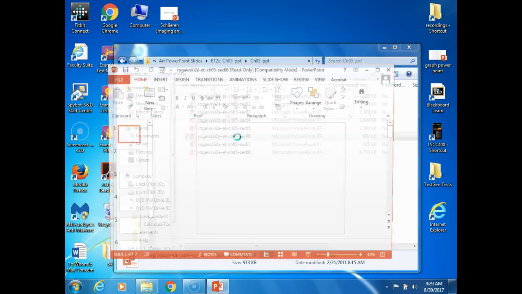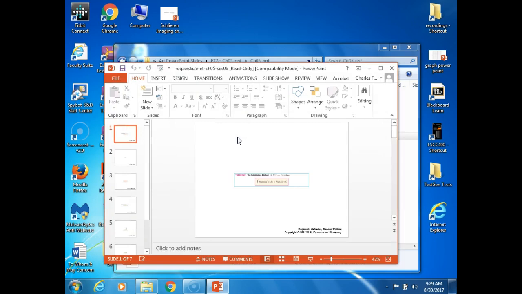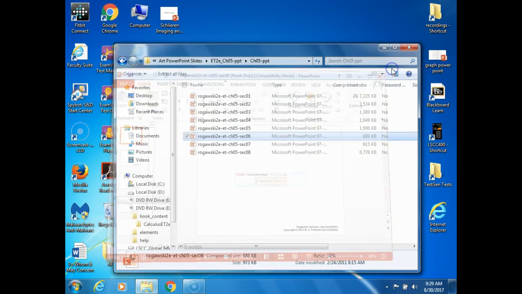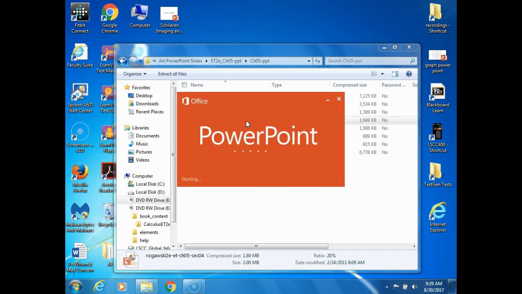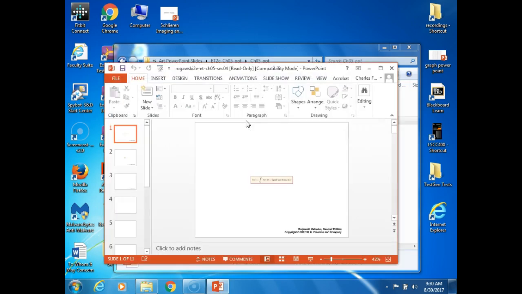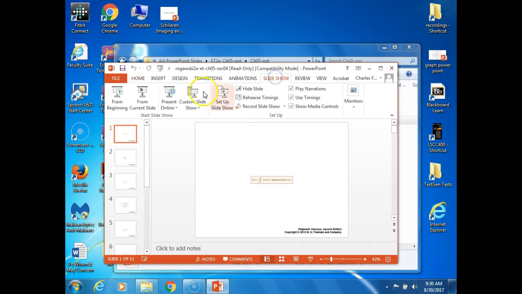See, I was just killing time and I should have been doing this. Nope, that's what we're going to do next. So let's do 4. I think that's it. So we'll do slideshow. Sorry, I started it too soon. That's it. Okay.